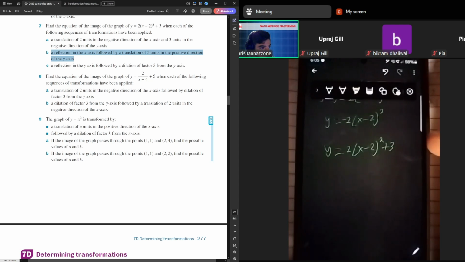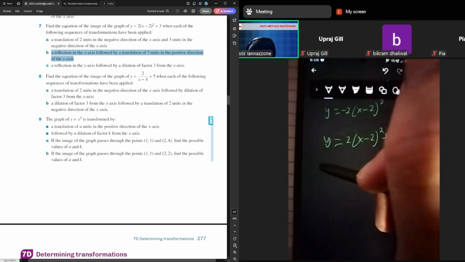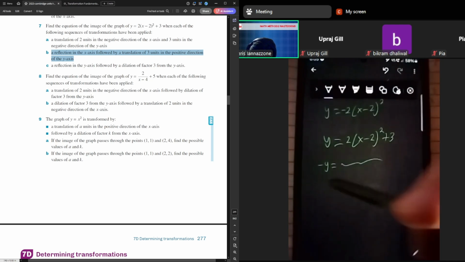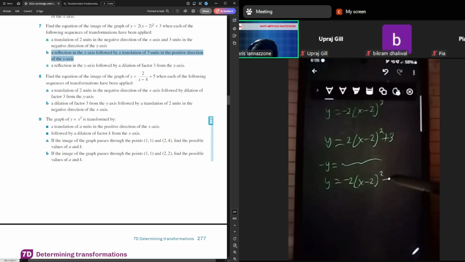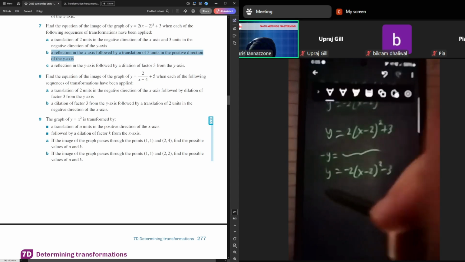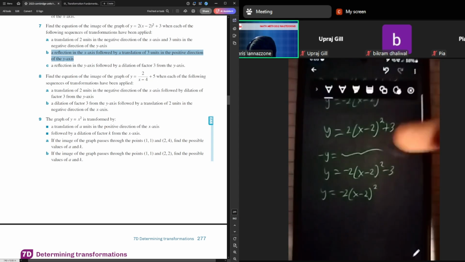We're told the first thing is a reflection in the x, and so the y gets the negative, which would mean we now have negative y equals all that, or y equals negative 2 bracket x minus 2 all squared minus 3. And then 3 units in the positive y means this negative 3 gets added 3 to it. And so y equals negative 2 bracket x minus 2 all squared minus 3 plus 3 gives you 0.